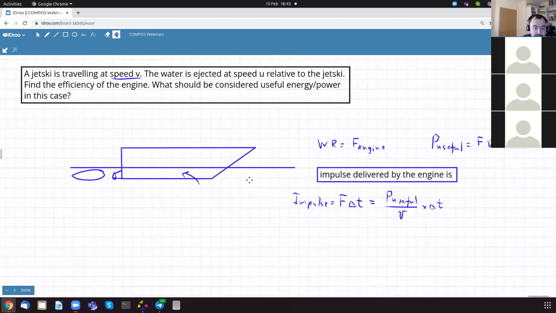Because to find the efficiency, the efficiency is the power useful divided by the power total.